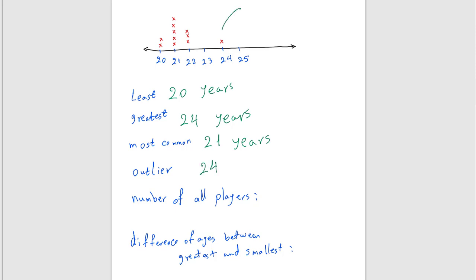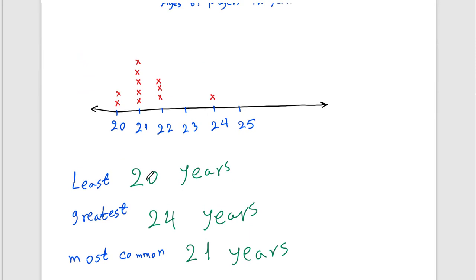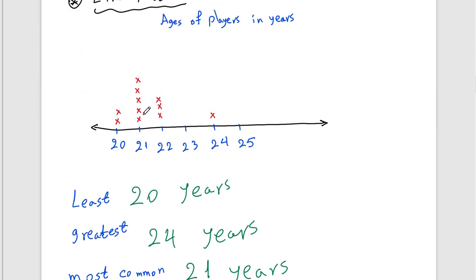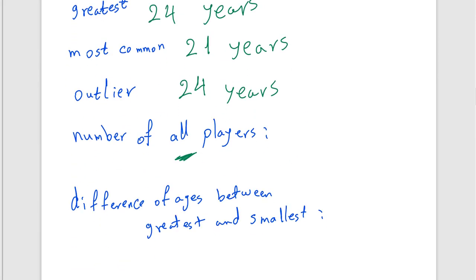This dot or this mark, 24 years. And for the number of all players, I should count all these dots. Okay, let's count them. 1, 2, 3, 4, 5, 6, 7, 8, 9, 10, 11. So I have here 11 players.